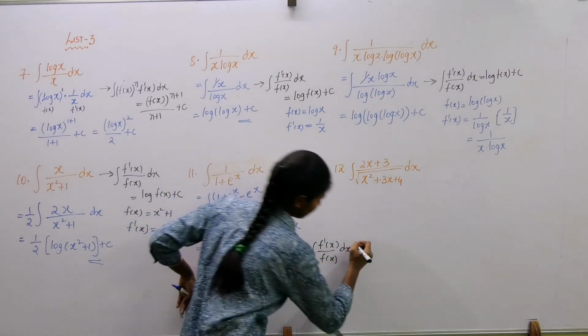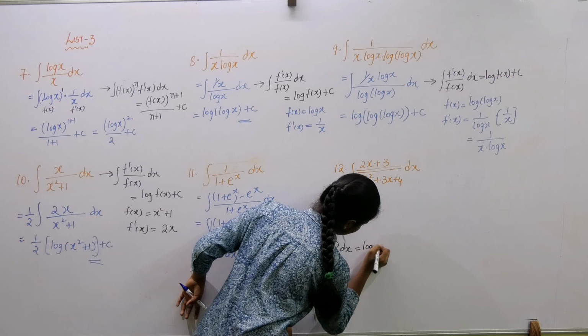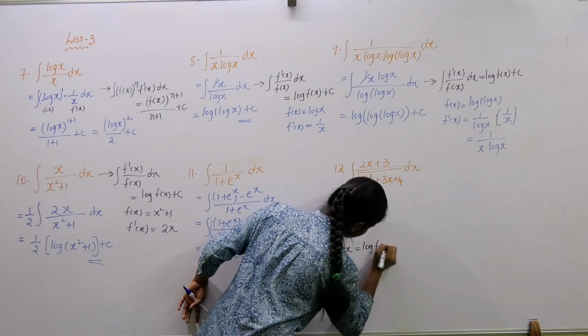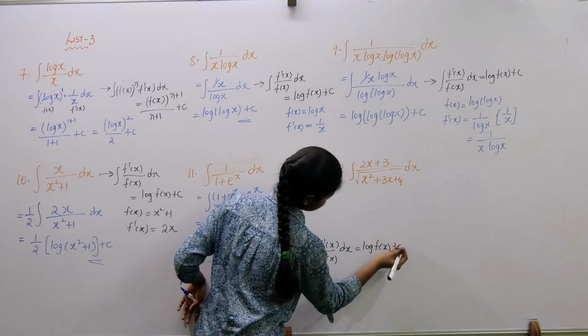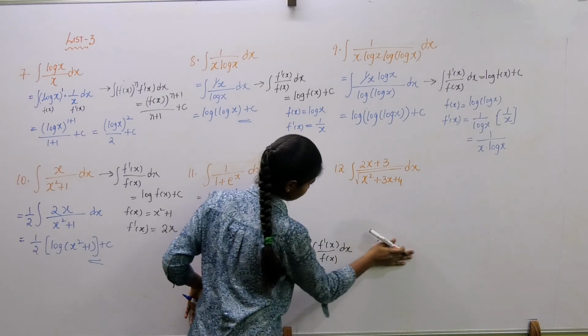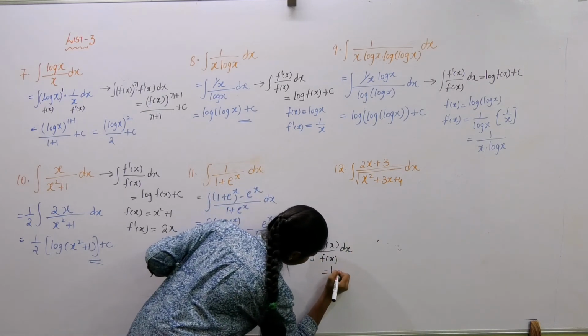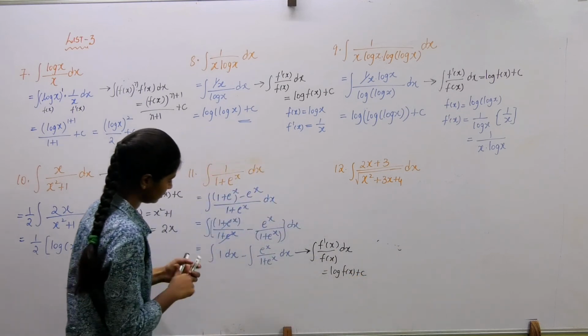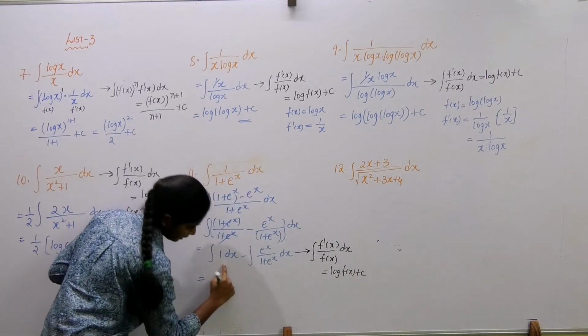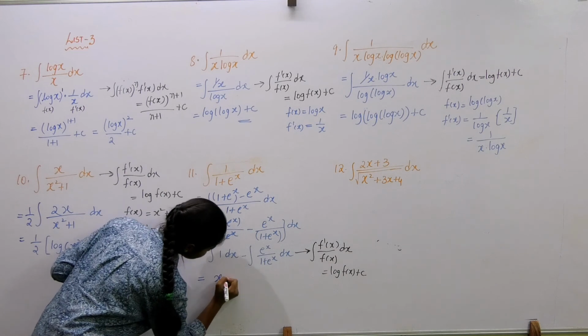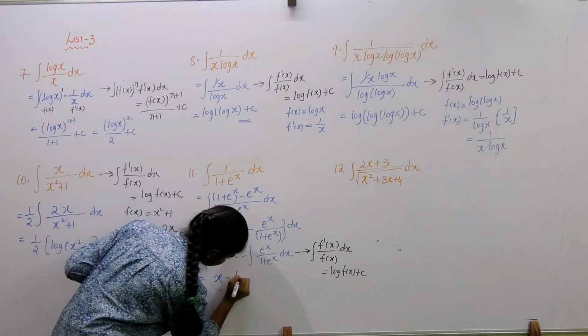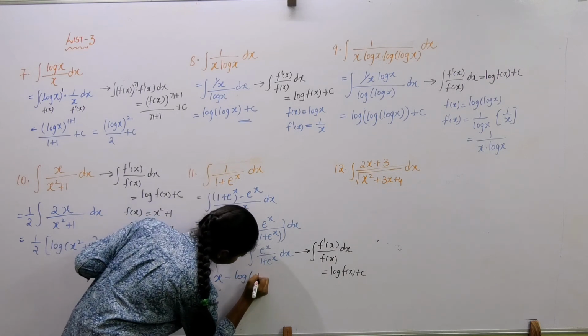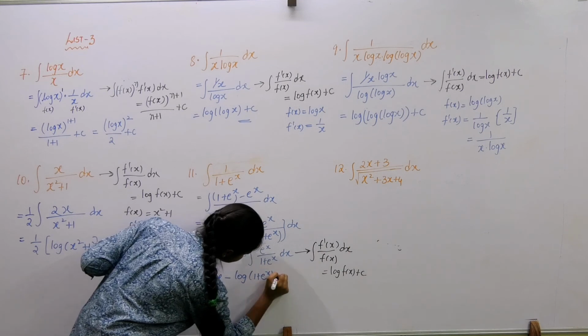You know the formula. It is equals to log of f of x plus c. It is equals to integral 1 dx, x, minus, we substitute the formula here, we get log of 1 plus e power x plus c.